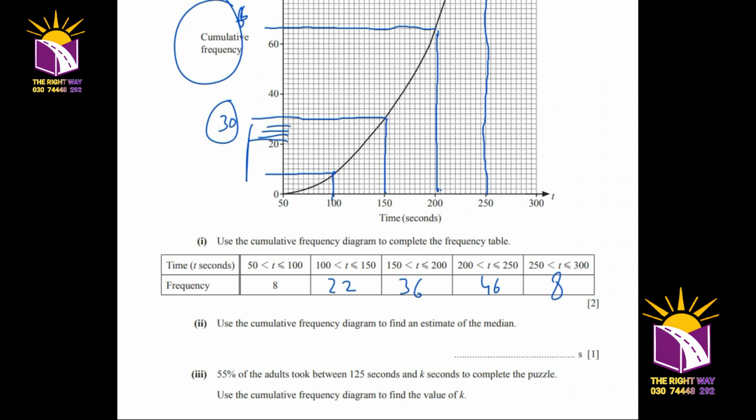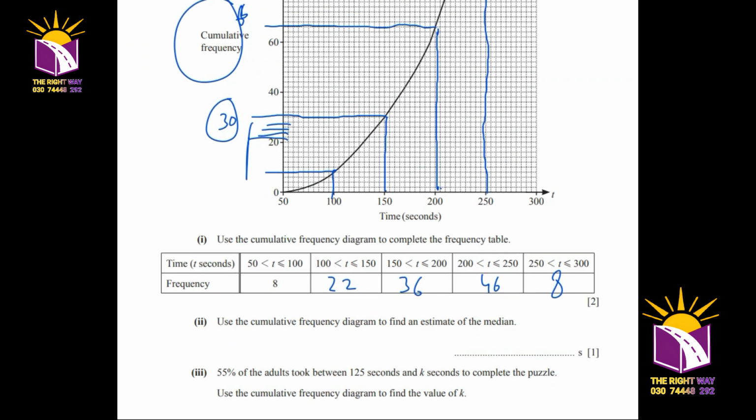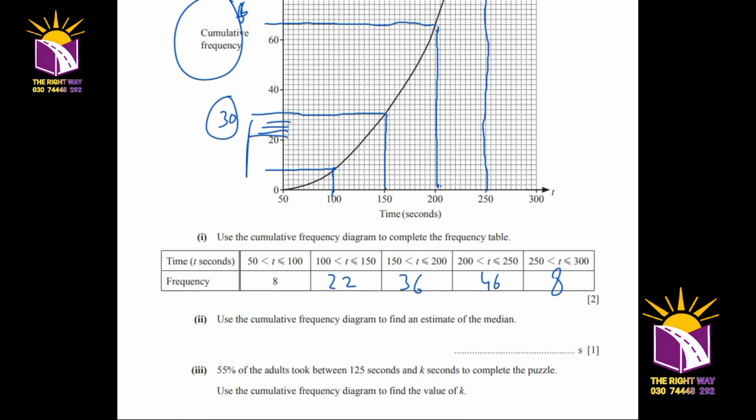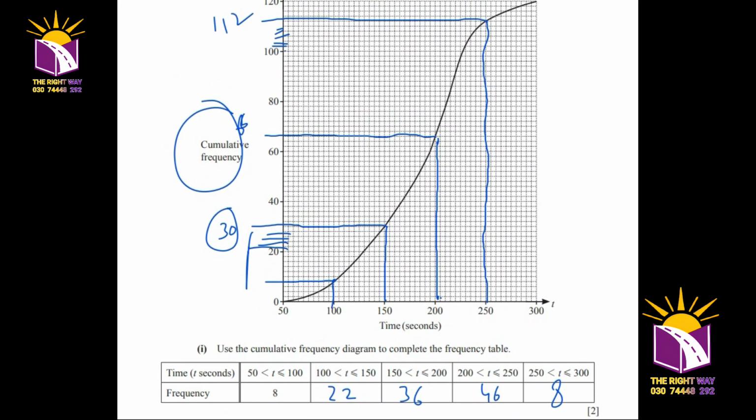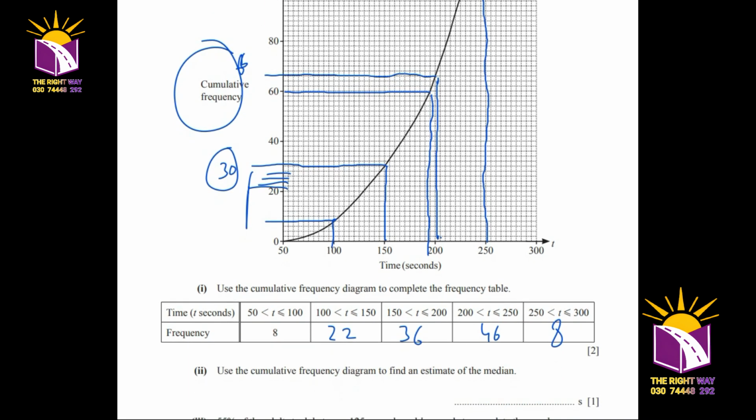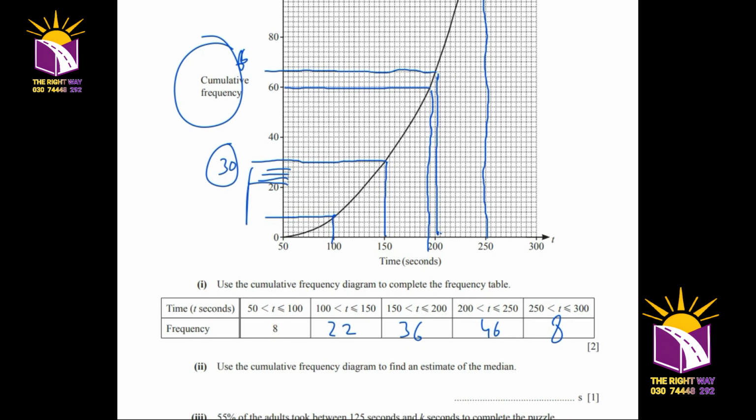Now use the cumulative frequency diagram to estimate the median. The median will be at 60. So I am going to use 60 as the median and find the cumulative time. It will be approximately 150 to 200.